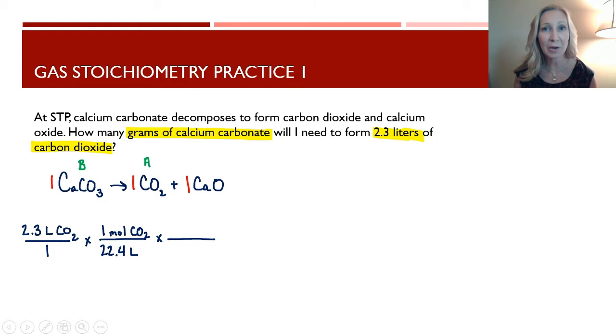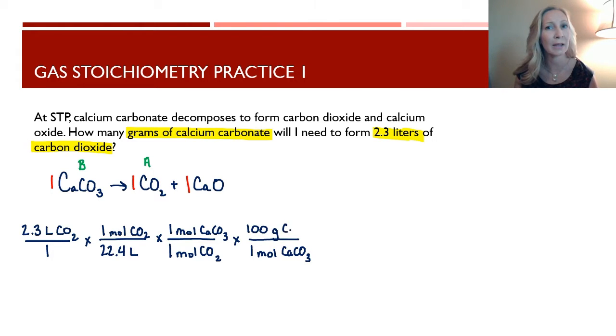So now I figured out how many moles of carbon dioxide I have. The next thing I want to do is figure out how many moles of my new substance I will have. Using the coefficients of the balanced equation, 1 mole of CO2 is created by 1 mole of CaCO3. So now I know how many moles of calcium carbonate I have, but I want to figure out how heavy that is.